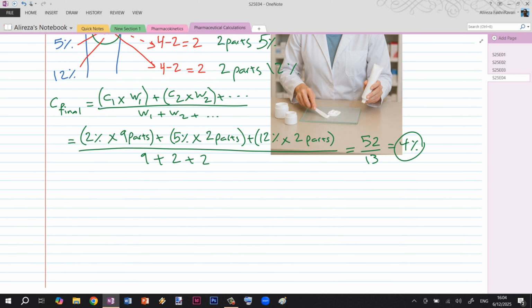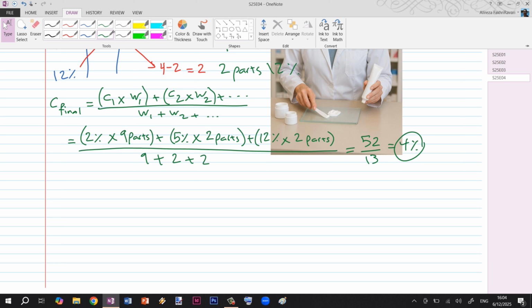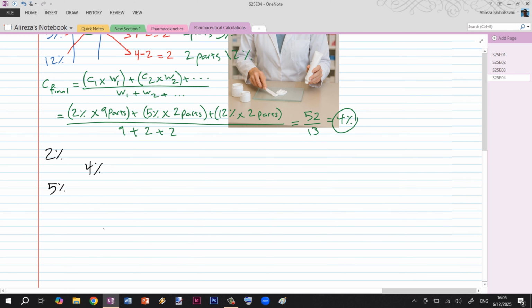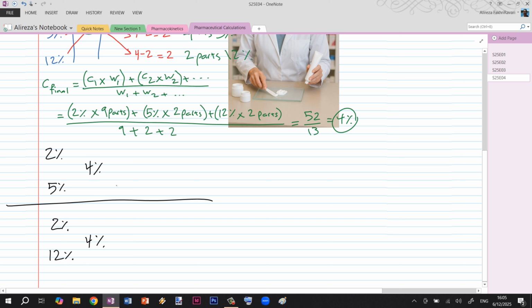I'm just going to go back to black. You can say, okay, you have a 2% solution, you want to get to a 4% solution, and you have a 5% solution. Another setup is that you have a 12%, you want to get to 4%, and obviously 5 is more than 4, so only 2 is possible to put here. So we're doing two separate ones.